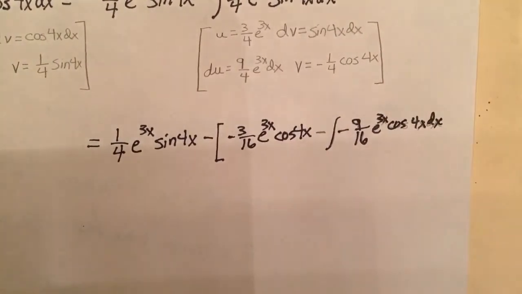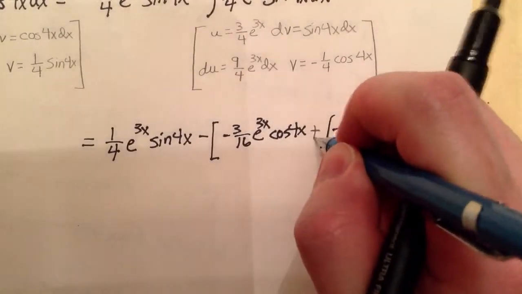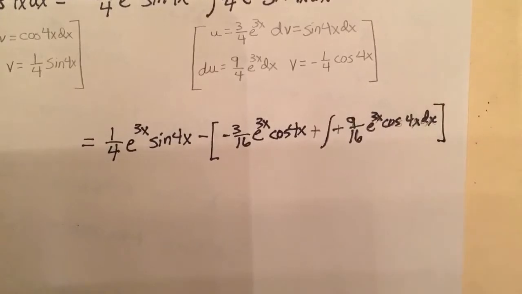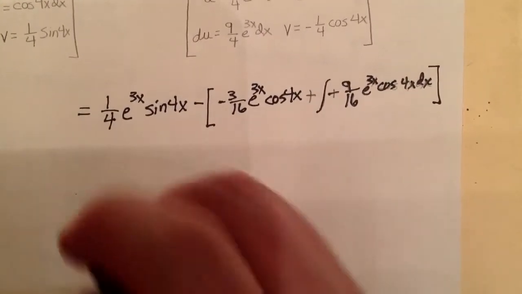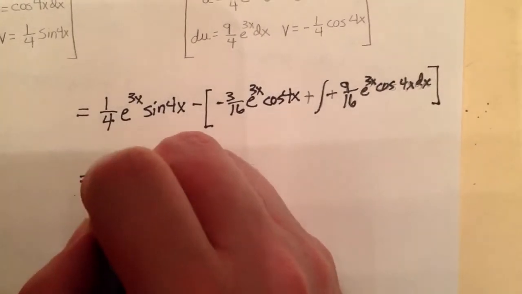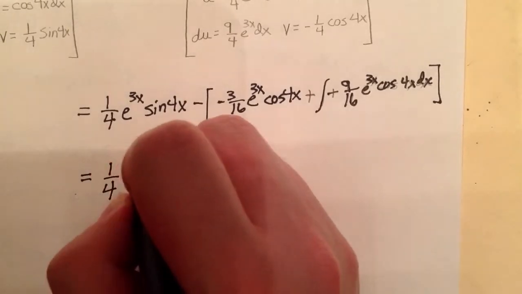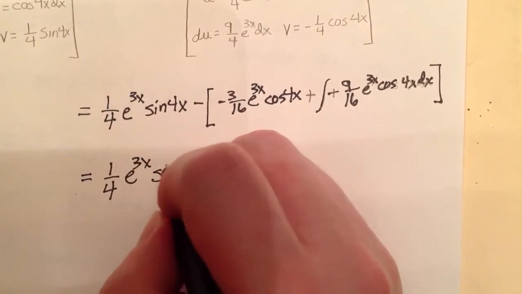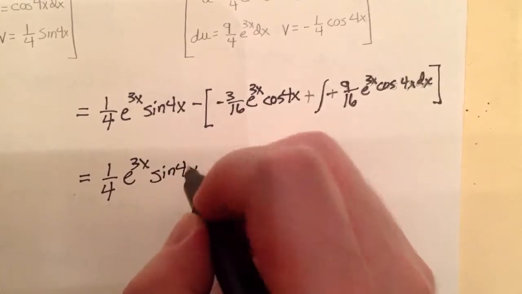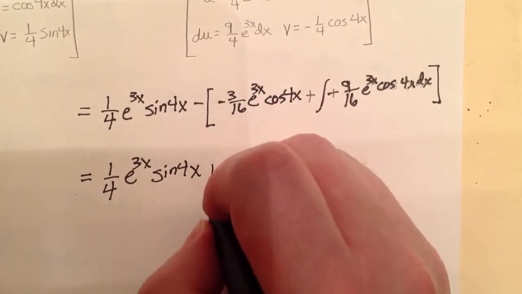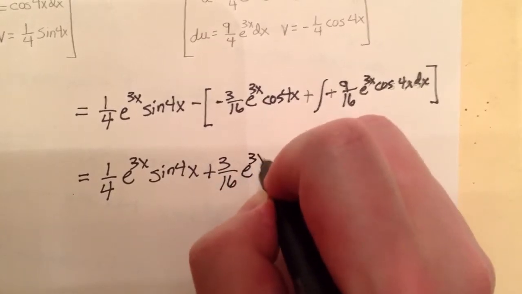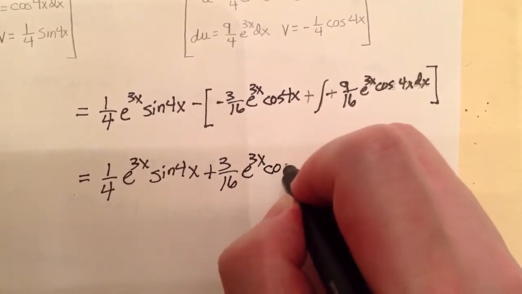Looking at our numbers, within the brackets you have positive 9/16, and as we look at the distribution, again we have 1/4 of e to the 3x times the sine of 4x, and this time plus 3/16 of e to the 3x times the cosine of 4x.